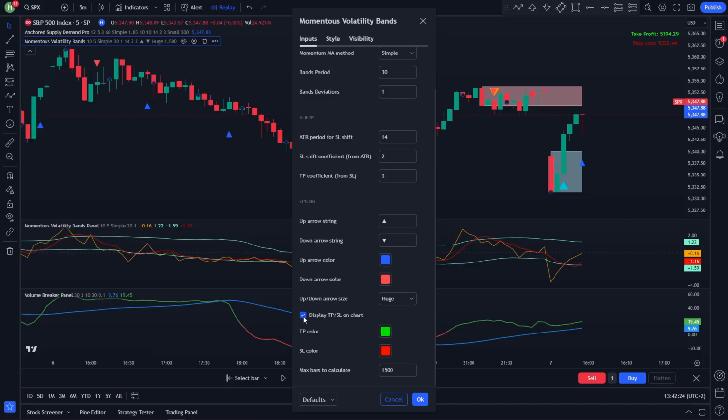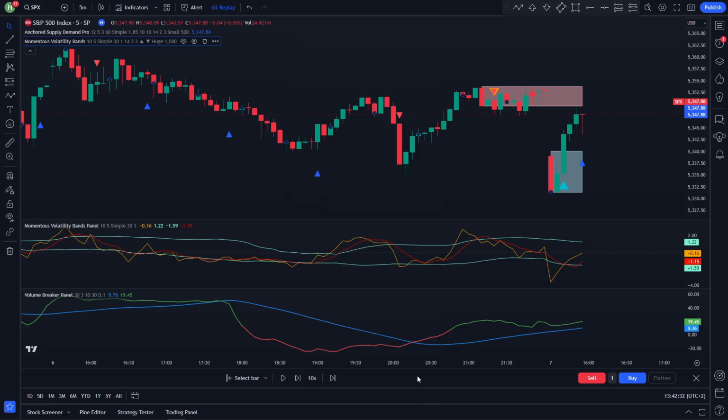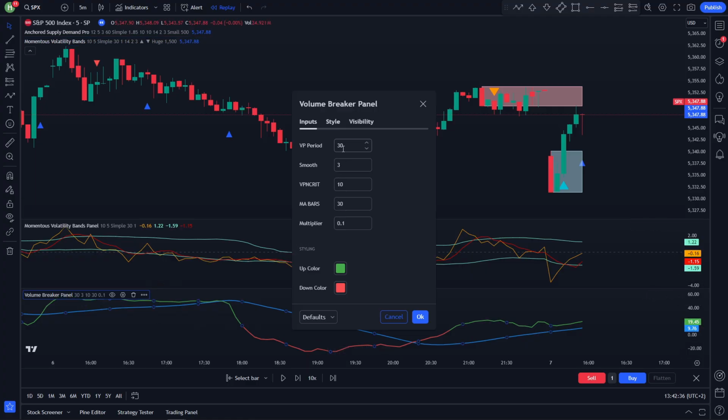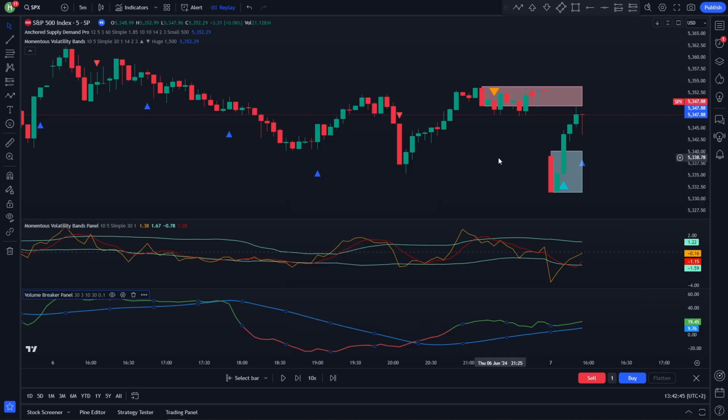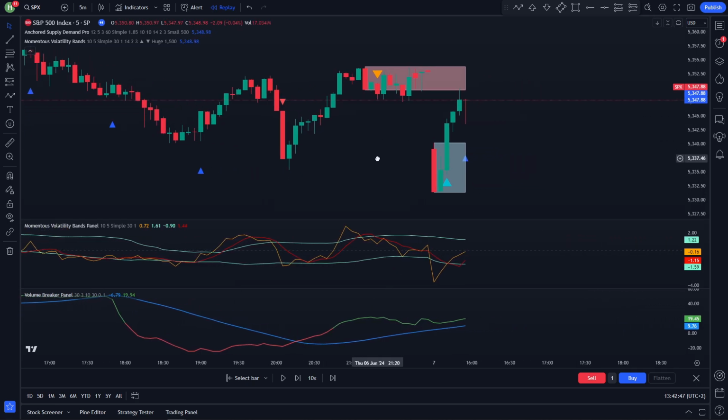Additionally, also unselect the box for the automatic take profit and stop loss levels, as I will be showing you a strategy for risk management. Lastly, for our Volume Breaker Pro panel, we'll leave everything on default, and with all these adjustments in place, we can now delve into the exact rules for entering and exiting those trades.